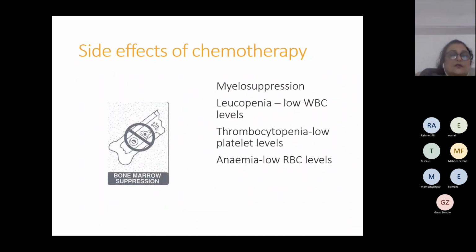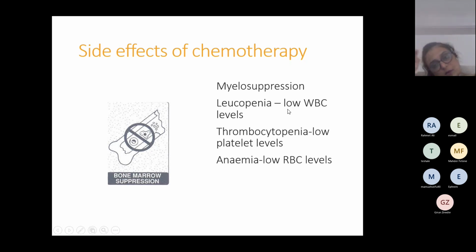Now, after seeing what is chemotherapy, we'll see all the side effects associated with chemotherapy. One is your myelosuppression, which is nothing but bone marrow suppression. That means either the WBC or your platelets or your RBC counts are going down. So that is myelosuppression. So in myelosuppression, you have some subclassifications like low WBC levels is called leukopenia.